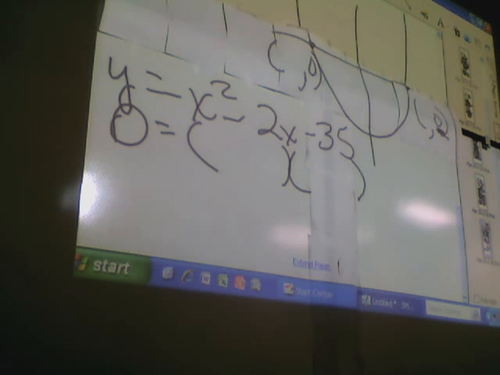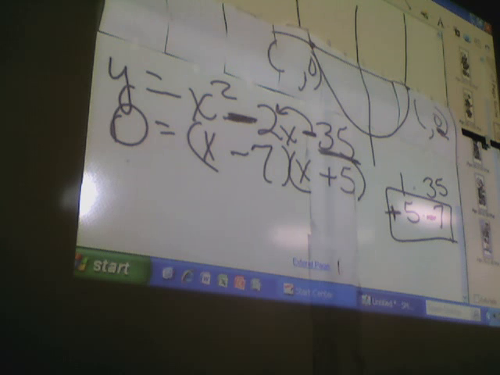Both answers will be where it crosses. 35: 1 times 35, 5 times 7, and that's it. They need to subtract to give us a 2. 5 and 7. We need a negative 2. Negative 7, positive 5.